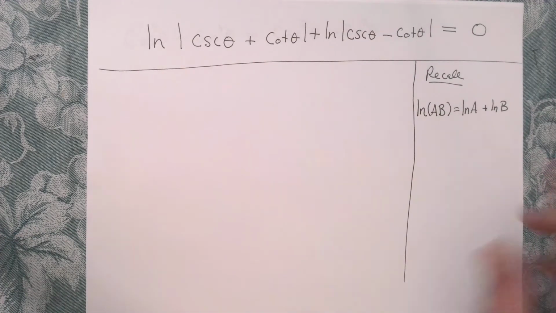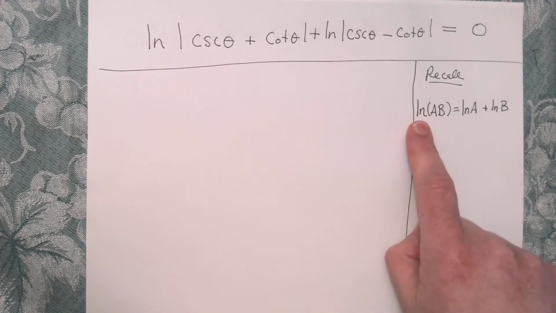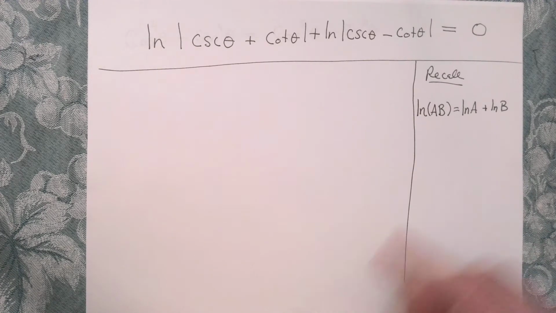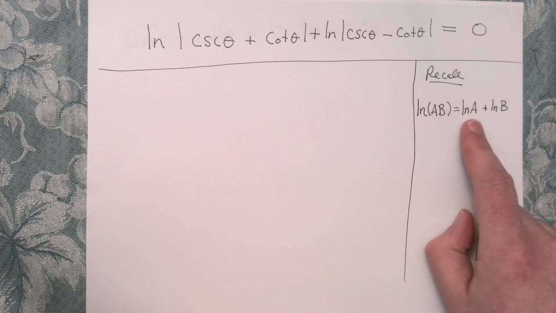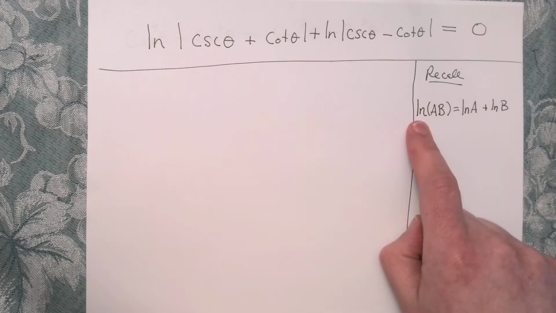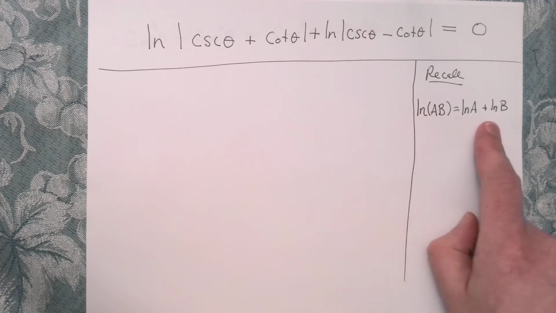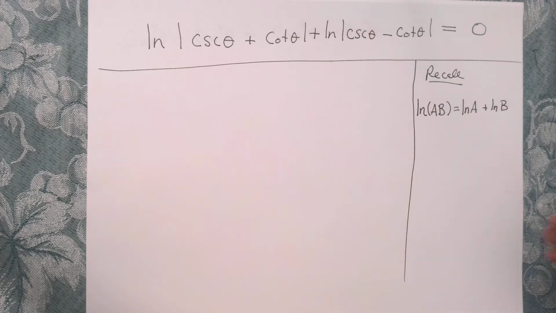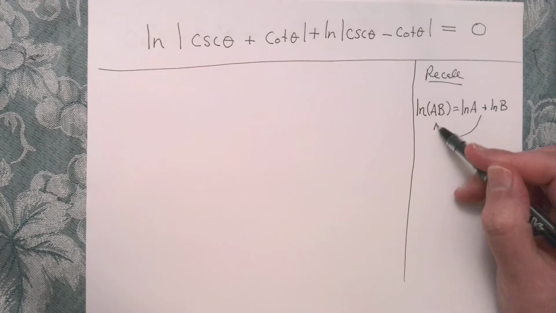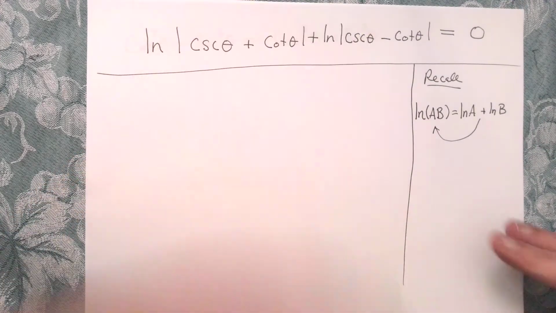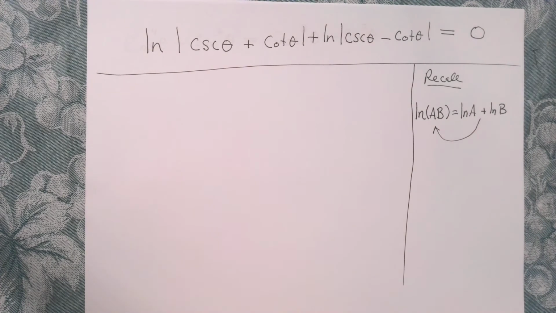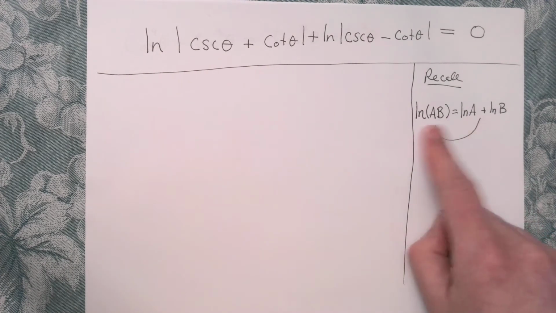That means I can go from a statement that has the natural log of a product and turn it into a sum of natural logs, or I can take a sum of natural logs and rewrite it as the single natural log of a product. So I go from here to here, or from here to here. Let's go from here to here. That seems useful. Also notice that knowing these properties is nice because at first you might look at this and go, yikes, that's kind of scary. But it's not so bad if you know these.